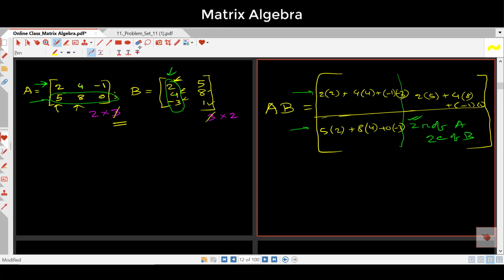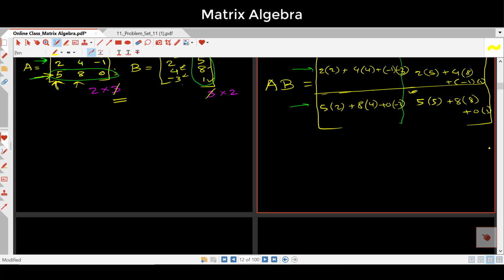So this part is also done. Now here you have to do operations for the second row of A and second column of B. So let us do it. 5 times 5 plus 8 times 8 plus 0 times 1.